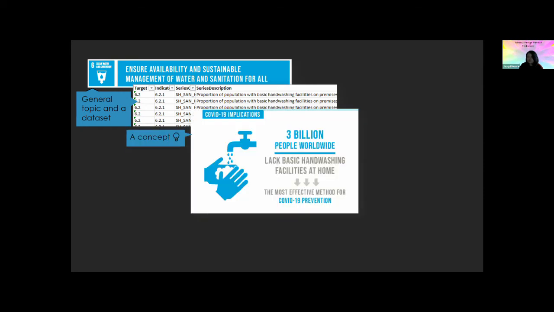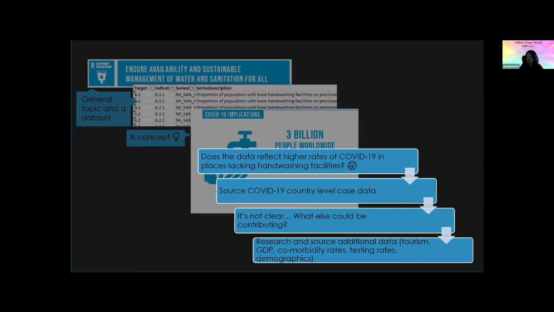And the SDG site, and we all know, but they highlight that basic hand washing is the most effective way to stop the spread of COVID-19. So now I'm curious, does the data showing the availability of hand washing in an area correlate to the COVID rates in that country? Does the data actually reflect higher rates in the places lacking hand washing facilities?